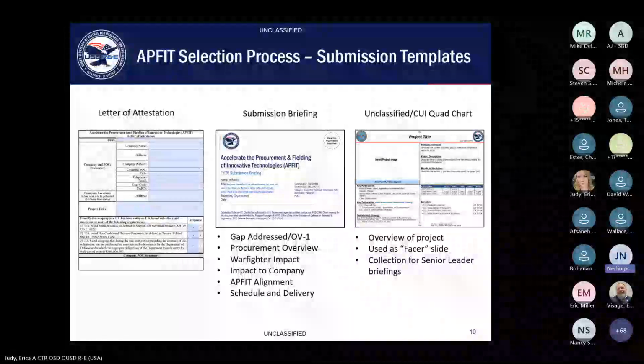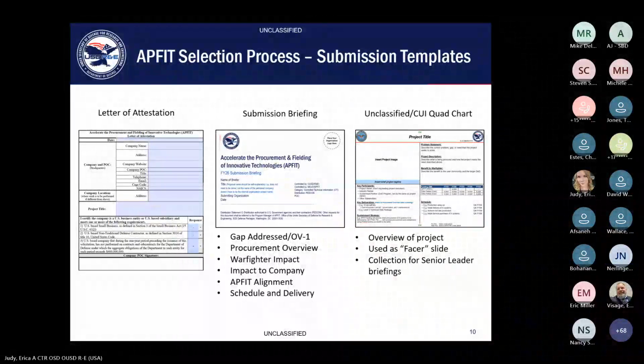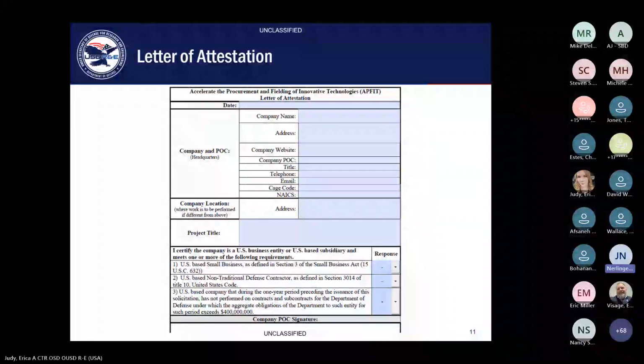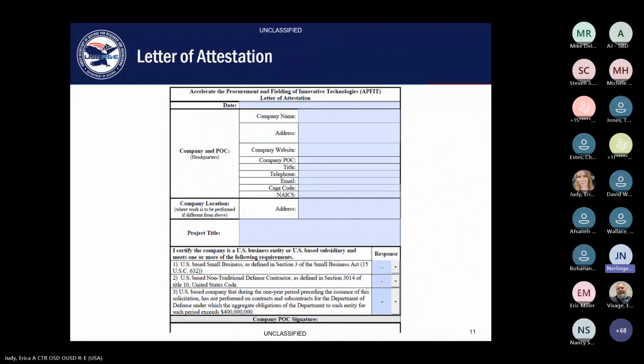So starting out with the letter of attestation. This is a one-page document, fairly straightforward, basically meant to gather some high-level information about the company and a POC within your company, and basically have the company attest to whether they are indeed a U.S.-based entity, U.S.-based business, as well as they fall into at least one of those 3 requirement criteria down below.